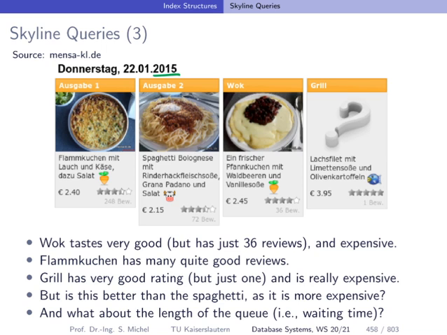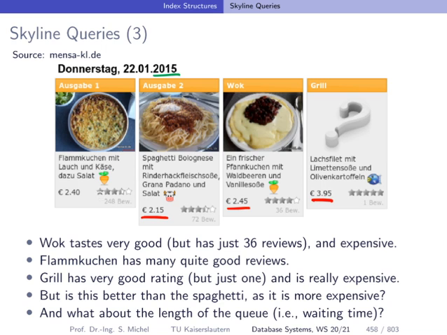So you see here that we have different ways to assess these dishes. For instance, we have, first of all, the price they cost. So you see that the spaghetti bolognese is €2.15, which is of course cheaper than the other options.